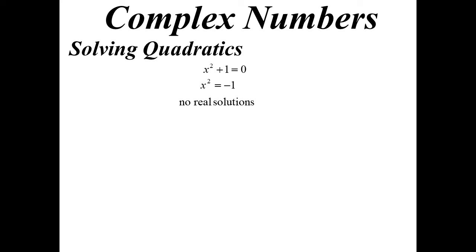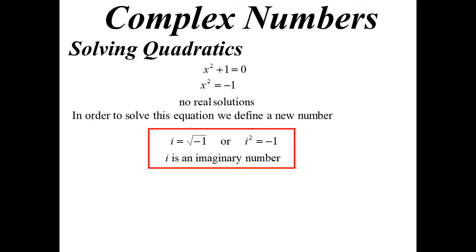So what we do in maths, whenever we can't do something, we create a new number so that we can do it. And this is our new number. It's simply defined to be the square root of negative 1. We don't know what it is, so we just call it the Greek letter iota, which we often use for numbers we don't know the exact value of.